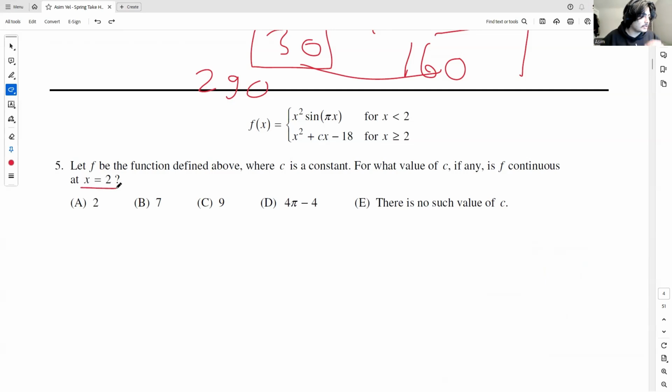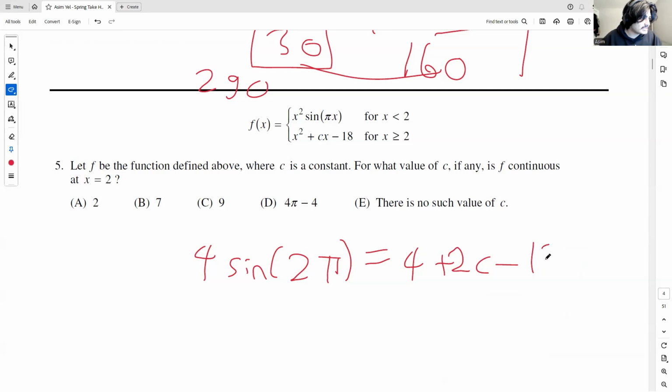First of all, we're going to plug 2 in for our x values to get that point. If I plug 2 in over here, I get 4 times sine of 2 pi, and set that equal to 4 plus 2c minus 18. So 4 sine of 2 pi is equal to 2c minus 14.